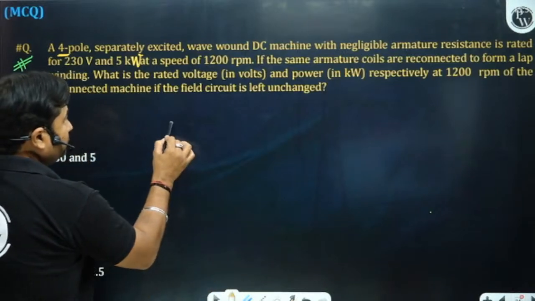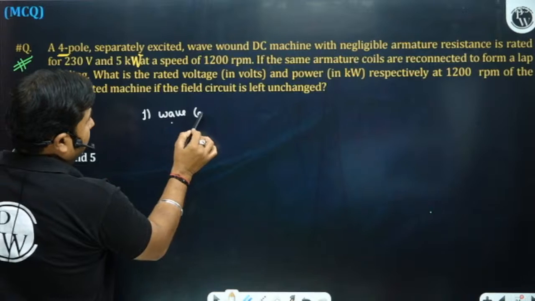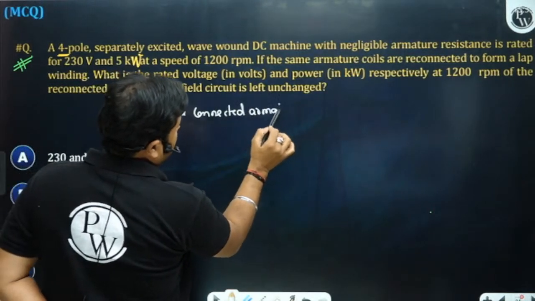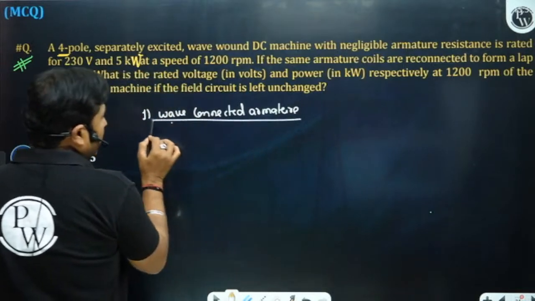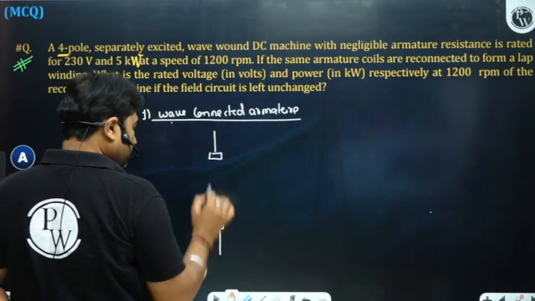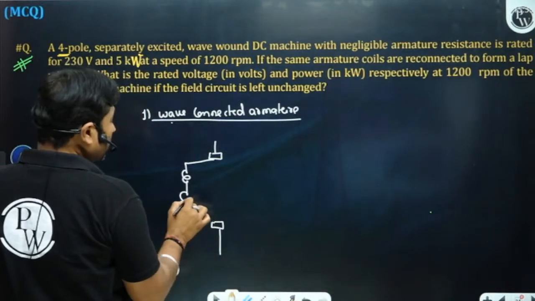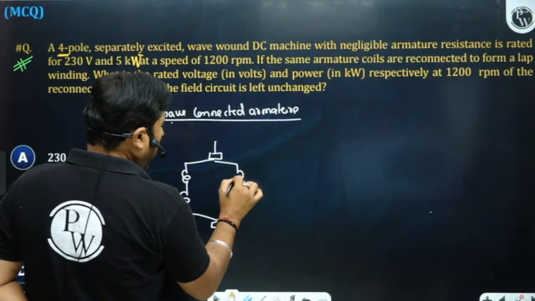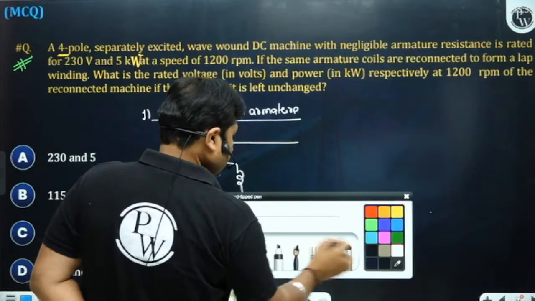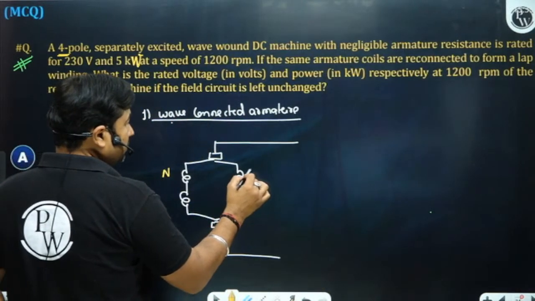Very good. So for a wave connected armature, we know that there are only two parallel paths. It's a 4-pole machine. Let us suppose this to be north.